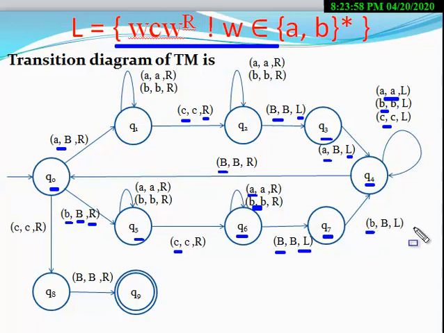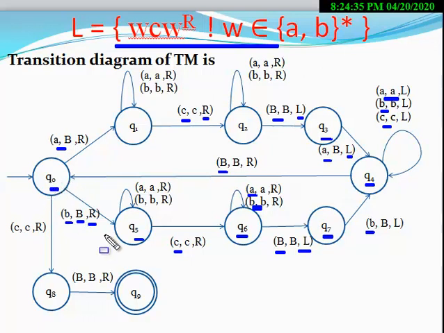So these three actions are applied at this state. At the Q4 state, when tape symbols a, b, c appear, the machine only moves in the left direction. As soon as the tape symbol capital B appears, the machine again changes its state from Q4 to Q0.